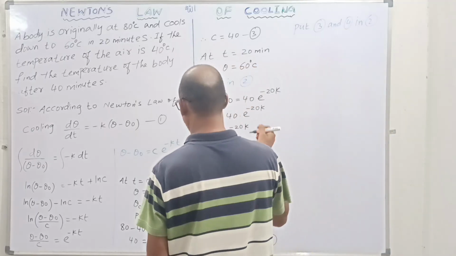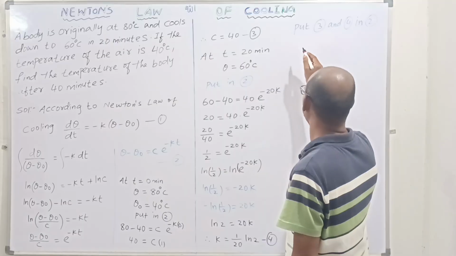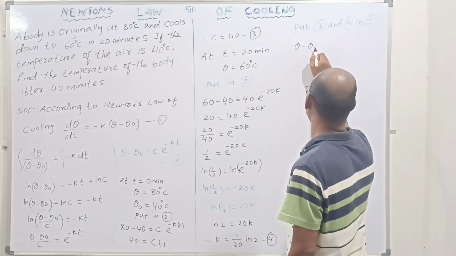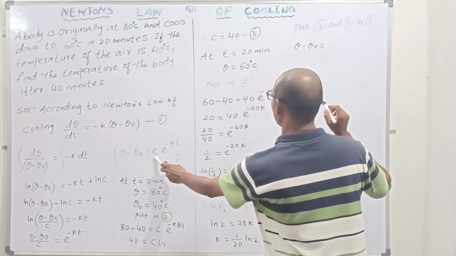So what happens now? Therefore, theta minus theta naught is equal to, what is the value of C?